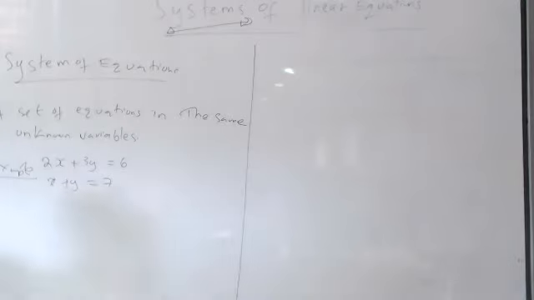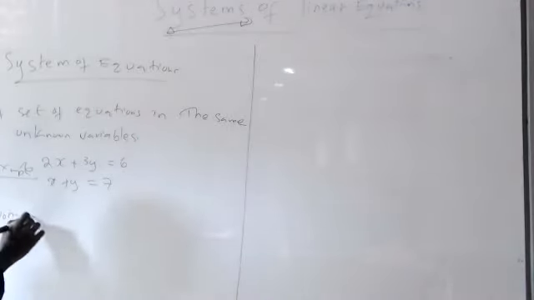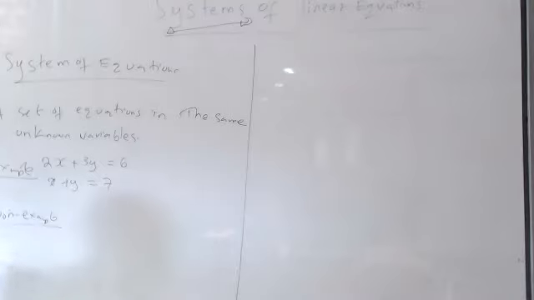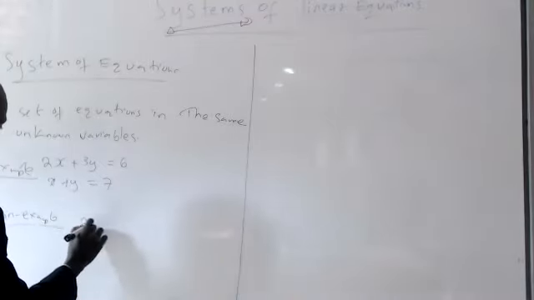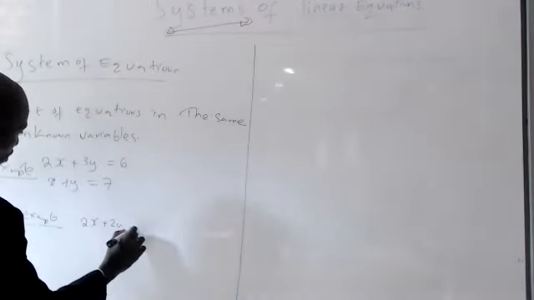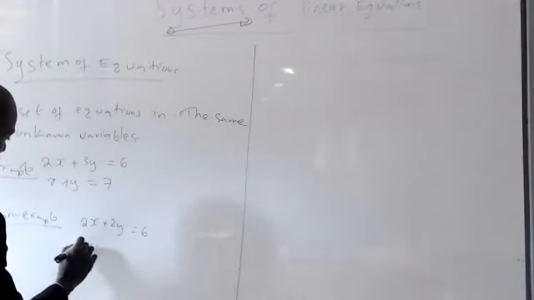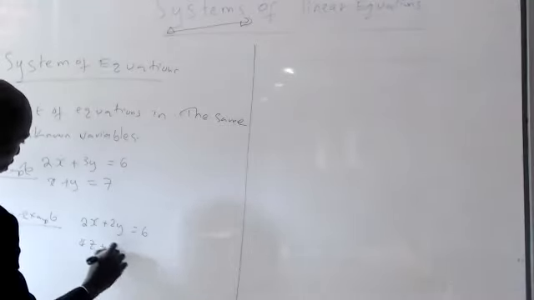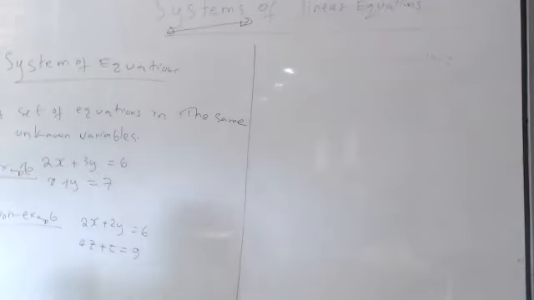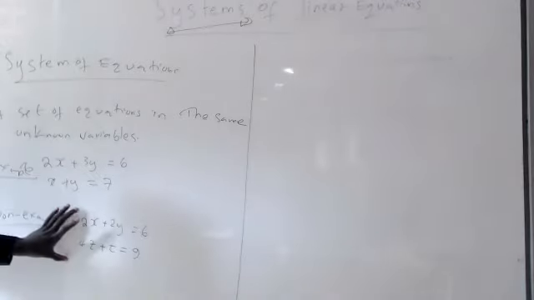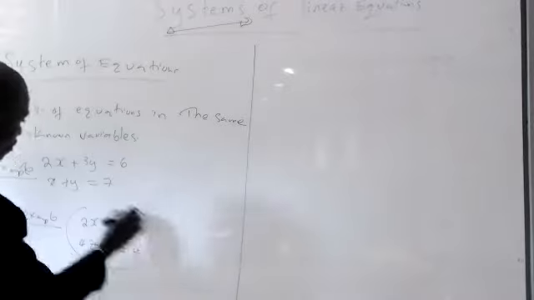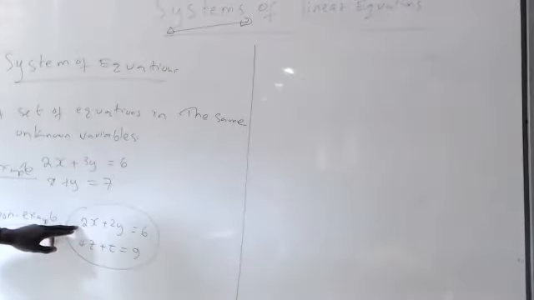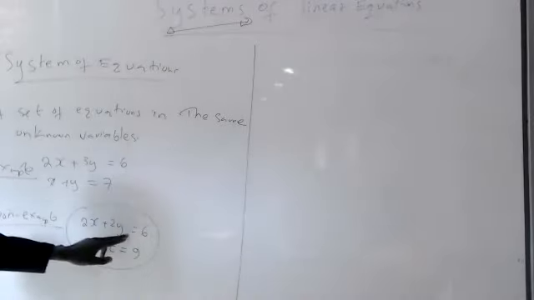Let me give you an example of something which is not a system of equations. This is just for you to see the difference. Suppose you have something like 2x plus 2y is 6, and 4z plus t is 9. This is not a system of linear equations because the first equation has unknown variables x and y.